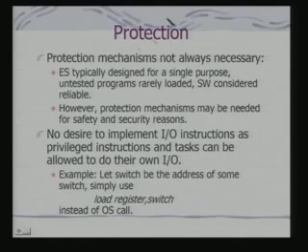Because ES, that is embedded systems, are typically designed for single purpose and untested programs are rarely loaded. So it will not be expected that a program would like to access the memory area of some other process. Software is considered reliable under those conditions.